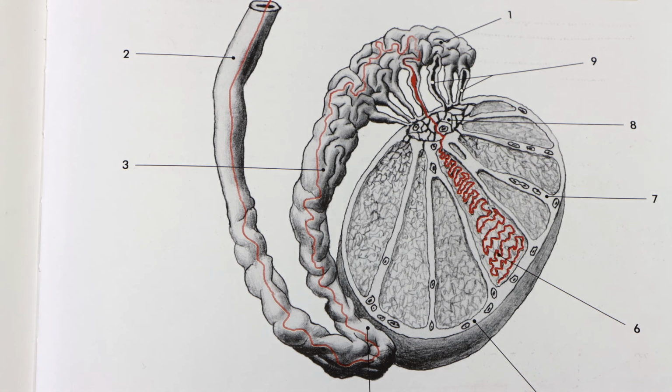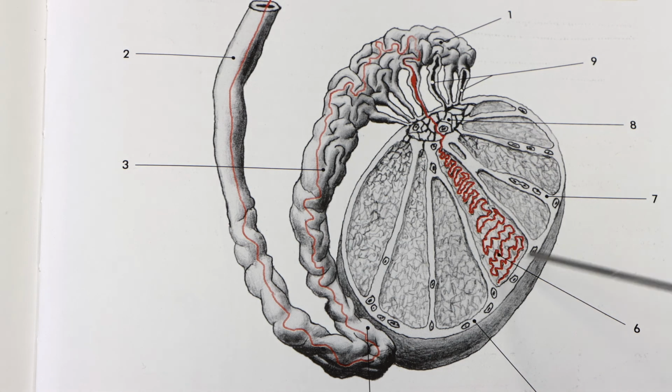Its functions are phagocytosis, supporting the sperm, secretion for the nourishment and nutrition of the sperm, and also playing the role of a barrier.